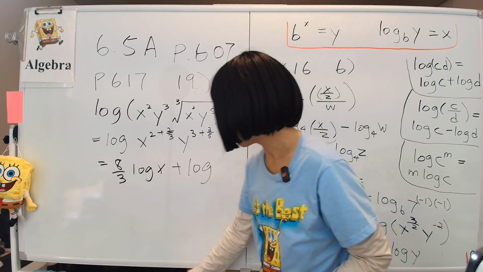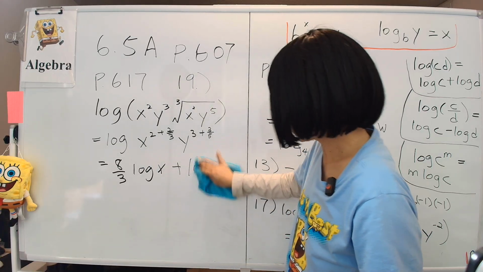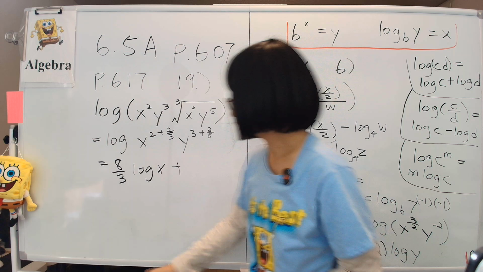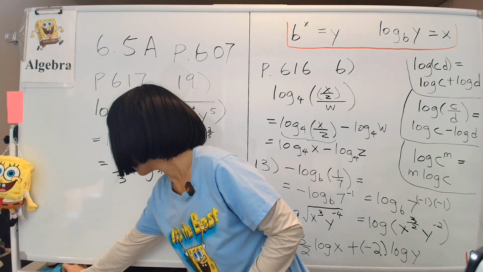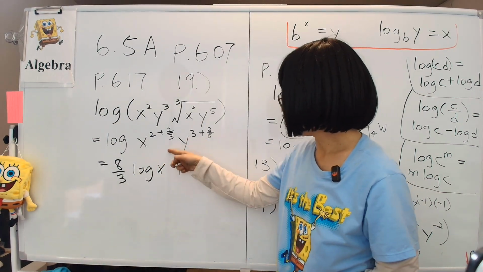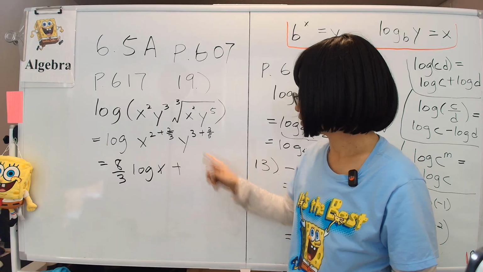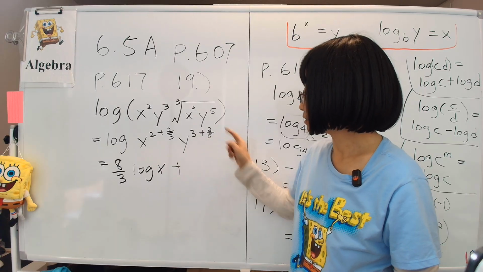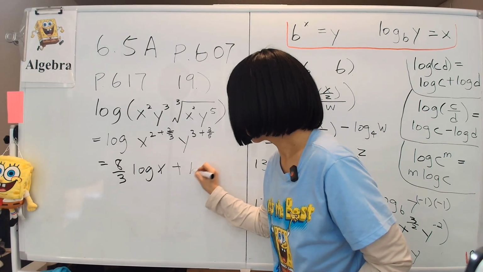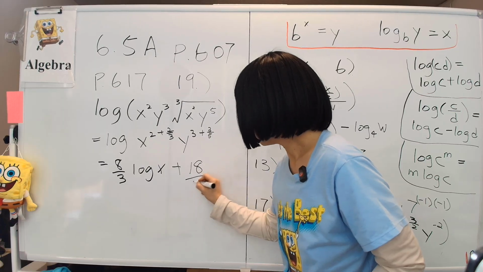I don't have any space for writing the number. First, let's figure out what the number is. The number here, which is kick the exponent to the front, right? If we turn this into a fraction, that's 15 plus 3, that's 18/5. That's the exponent, 18/5.